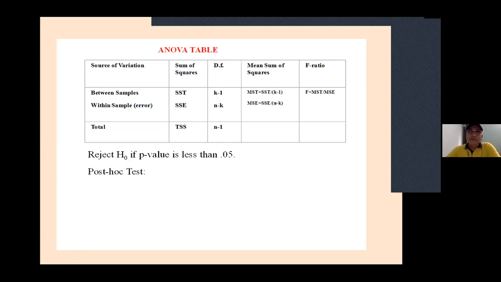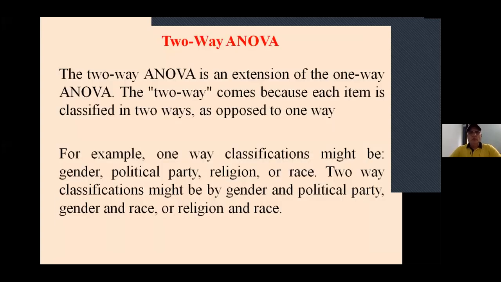But if the F value is significant, then we have to go further for a post hoc test. It will give you multiple comparisons. It will compare one brand versus the second, one versus the third, one versus the fourth. Then once one is over, it will take two versus one, two versus three, and so on. So this is called one-way ANOVA, right? So let me cover the theory of two-way ANOVA and then I'll give you the demo. What is two-way ANOVA?